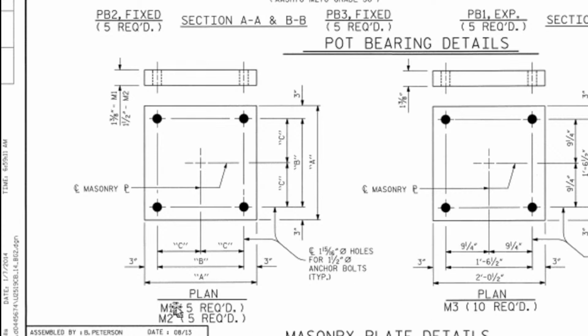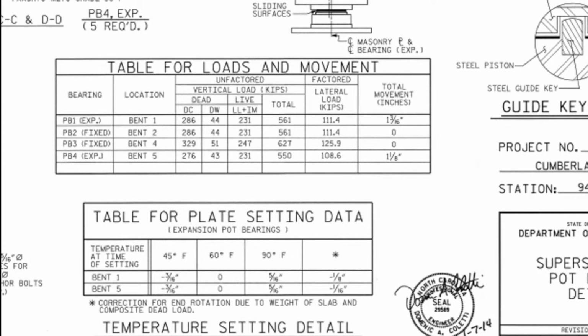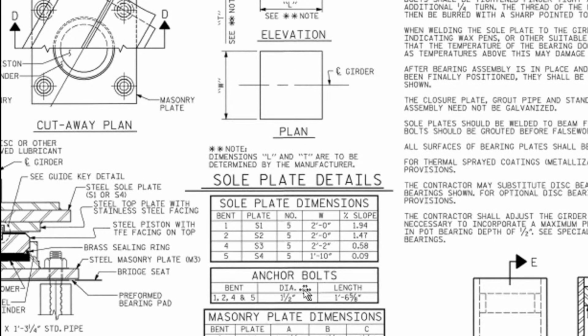So what do you mean by M1, M2 here? One is a different dimension from the other, and we already showed the table. How could we distinguish? See here, M1, M2, masonry plate. These are the dimensions ABC.